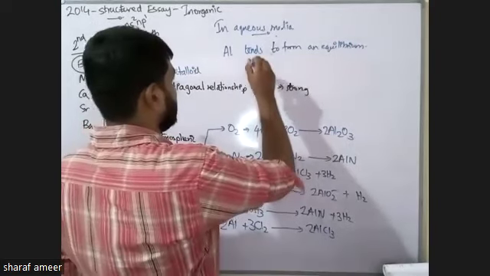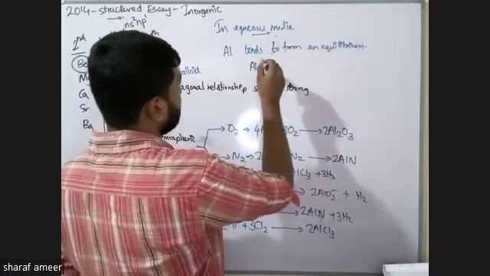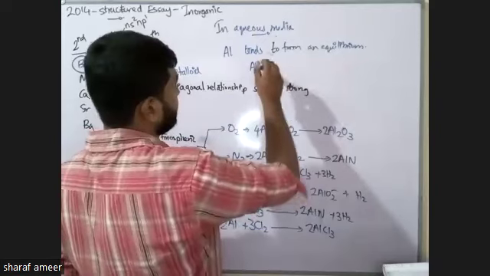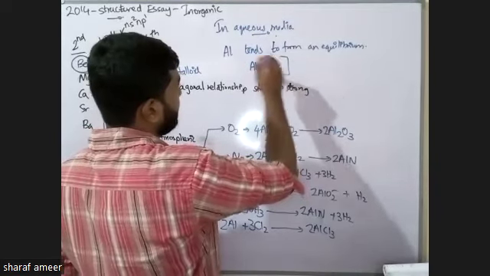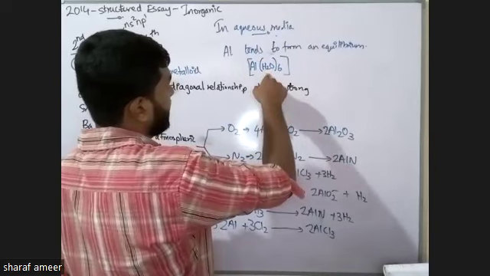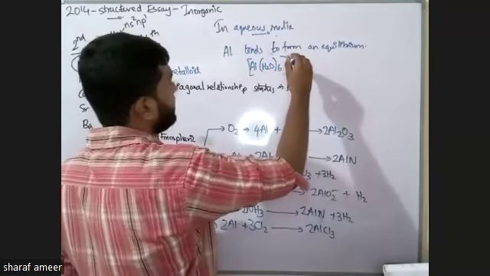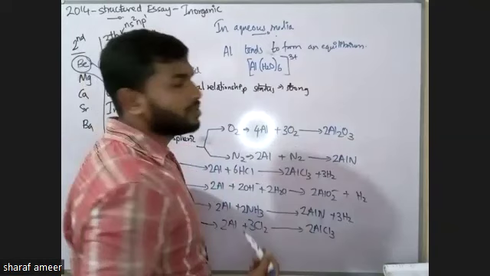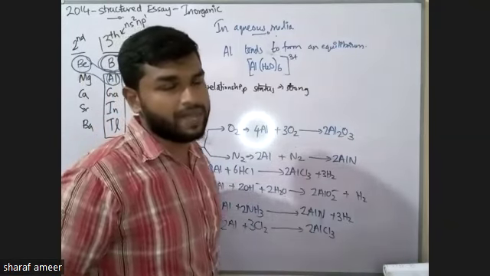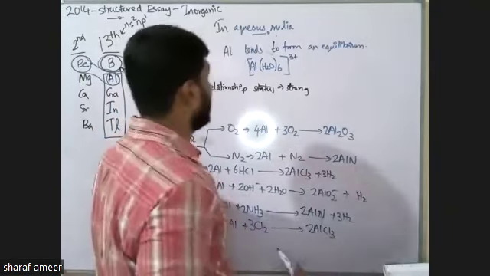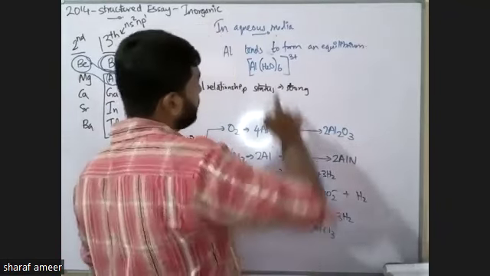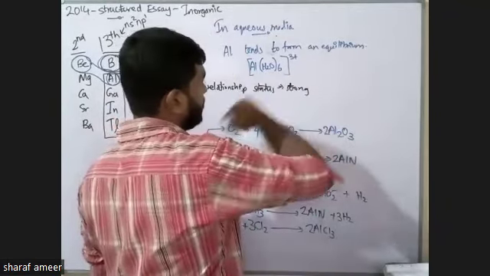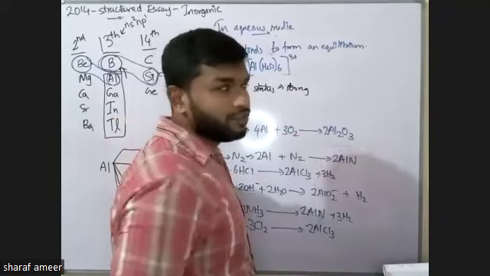So aluminium, once it is in aqueous state, forms hexa aqua aluminium 3 plus ion, right? Aluminium 3 plus ion. So from one of this water, one H plus will be removed, right?